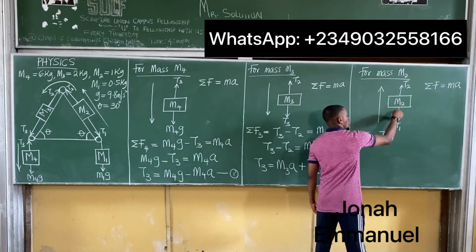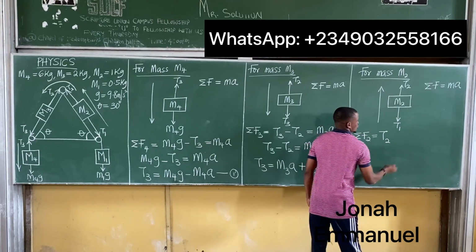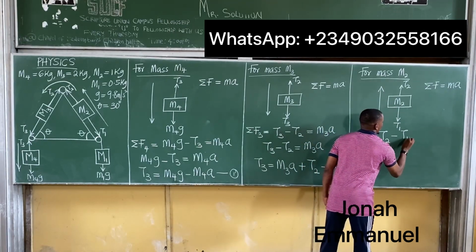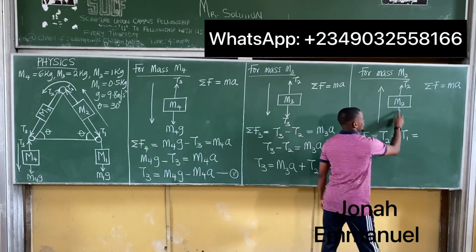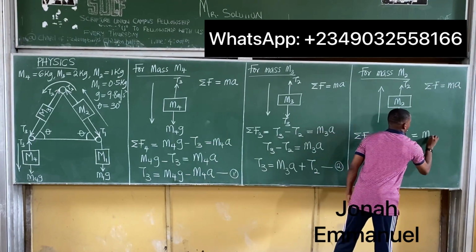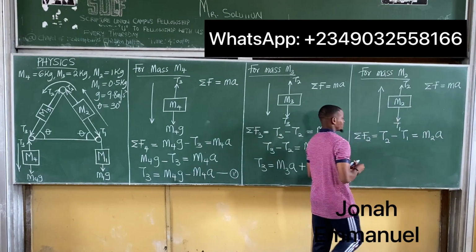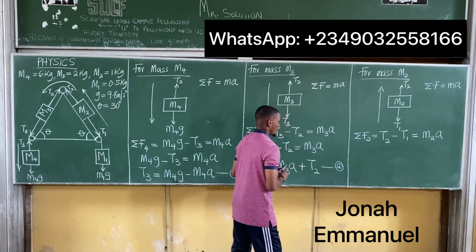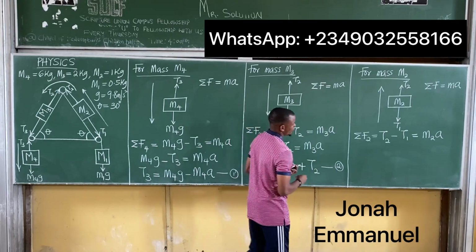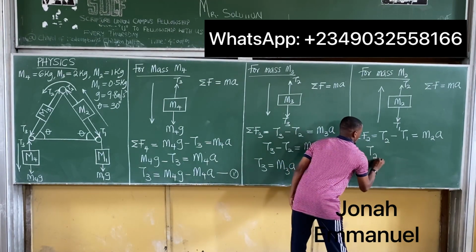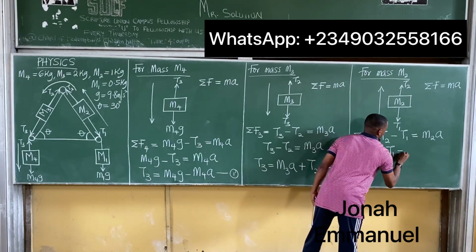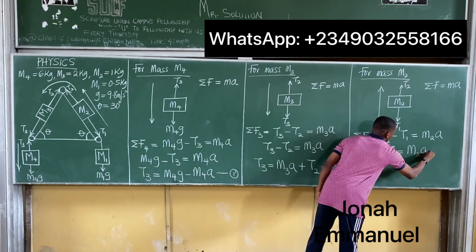T1 is going in the opposite direction of the system, so it becomes negative T1, is equal to MA, in terms of M2, M2A. So if we pick out these two, it means that T2 minus T1 is equal to M2A.